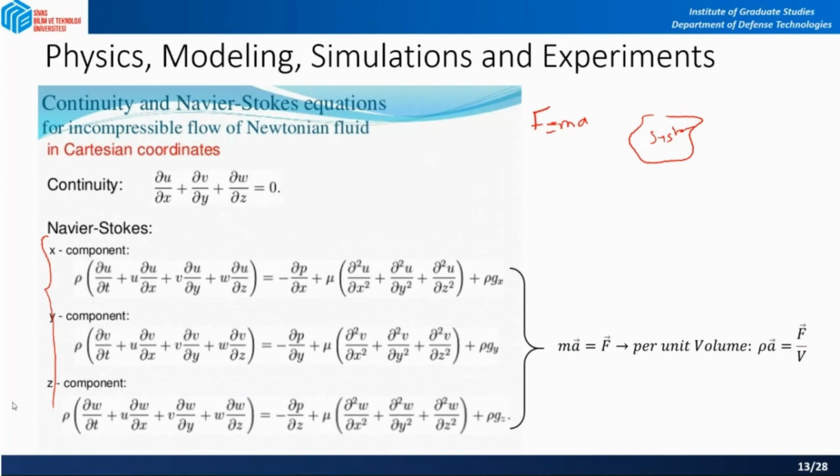And actually, the Navier-Stokes equations, if you look at it, are F equals ma written in the opposite form. This is the ma part, and this is the forces, or sigma of the forces, the net forces. What are these forces?